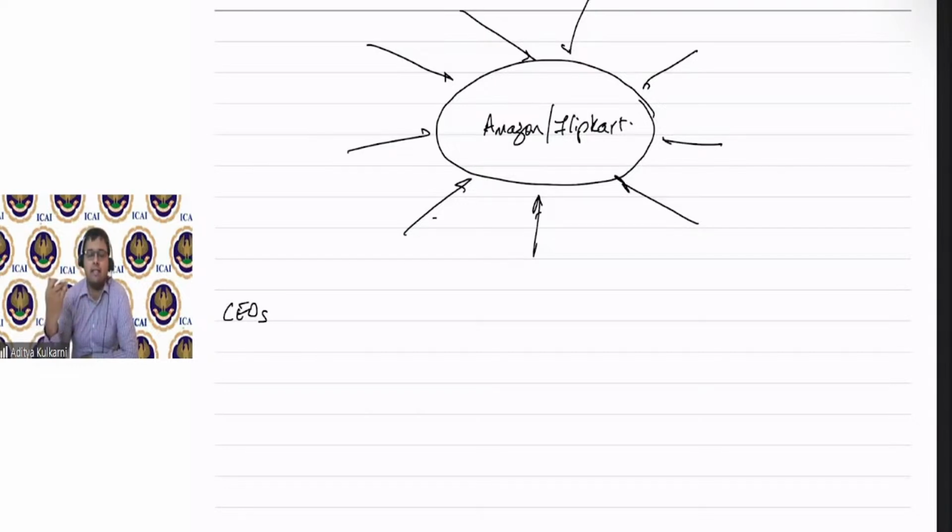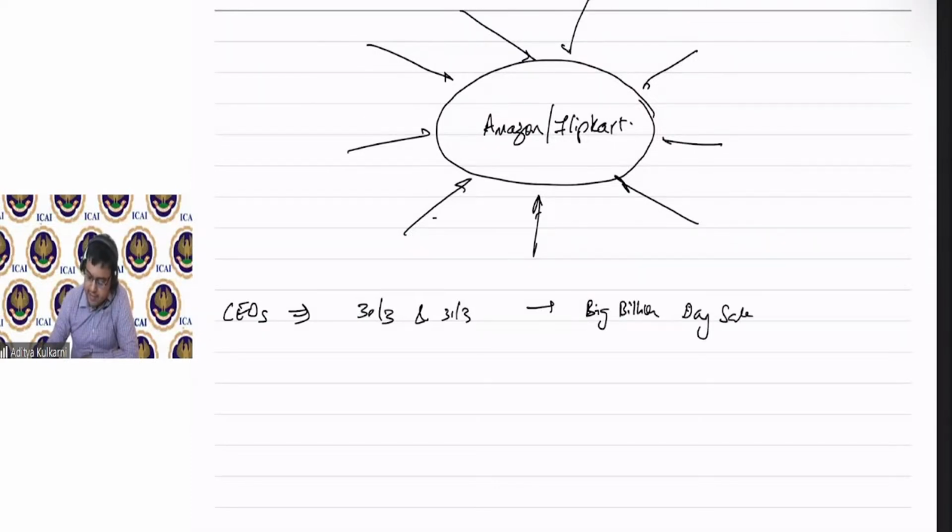The year is coming to an end. On 29th March, they tell Amazon that on 30th and 31st March, please plan a big billion day sale, where the sales can happen so that our performance also increases.